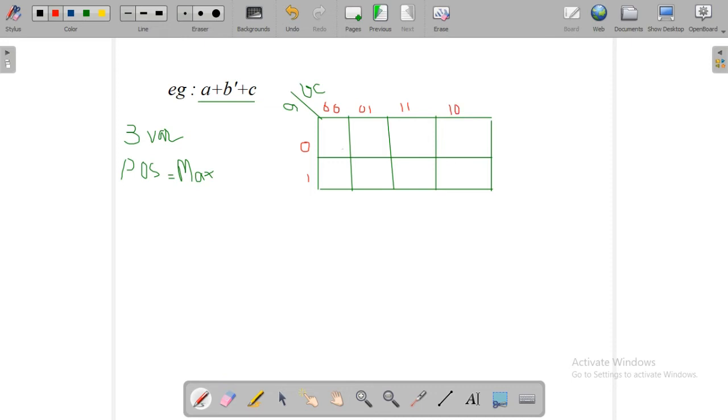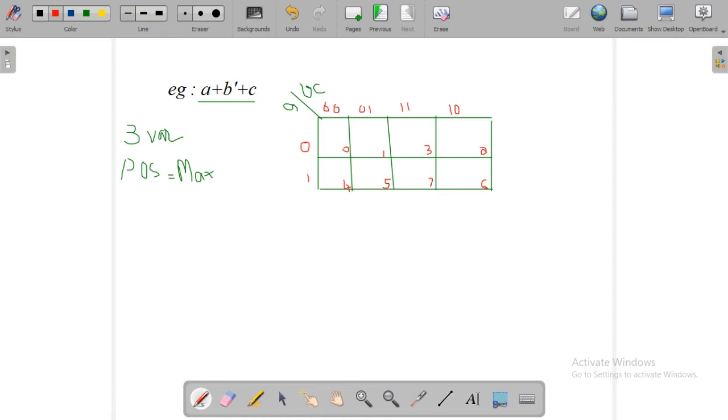The subscripts, we have to write the same way: 0, 1, 2, 3, 4, 5, 6 and 7.